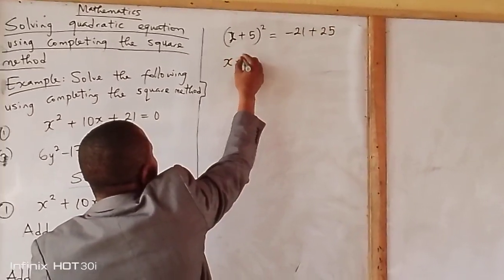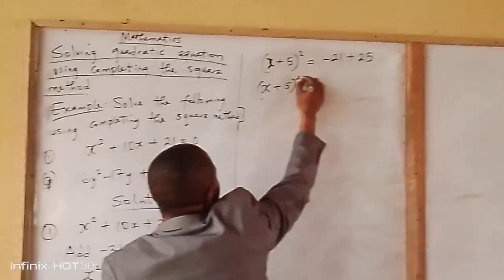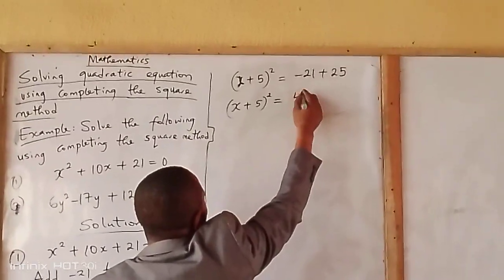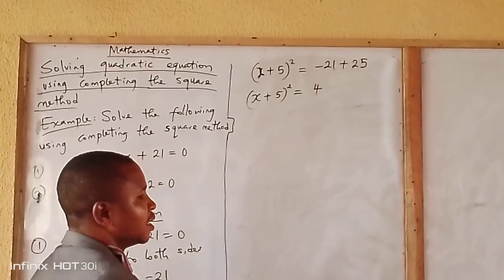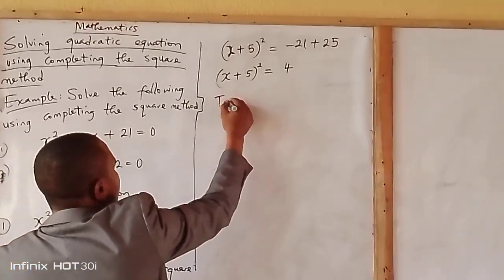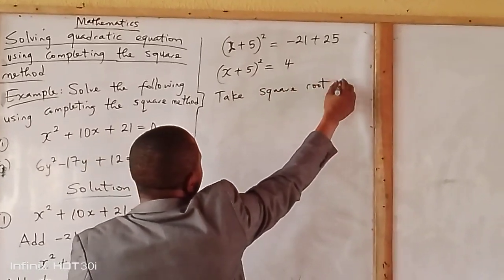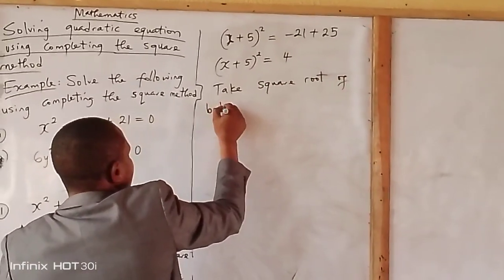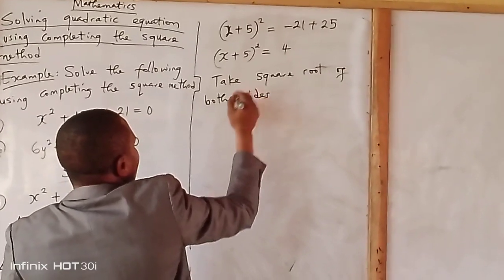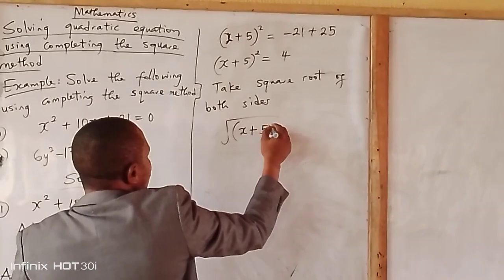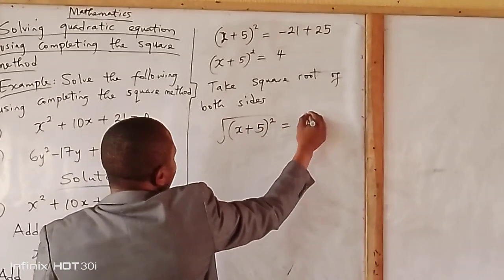So we are going to have s plus 5 squared is equal to minus 21 plus 25, which gives us 4. So the next step is to take square roots of both sides. And by the time we introduce square roots, we are going to have square root of s plus 5 squared is equal to square root of 4.